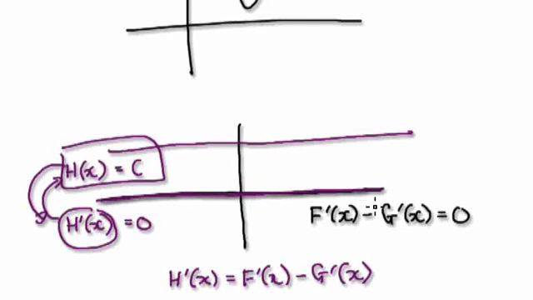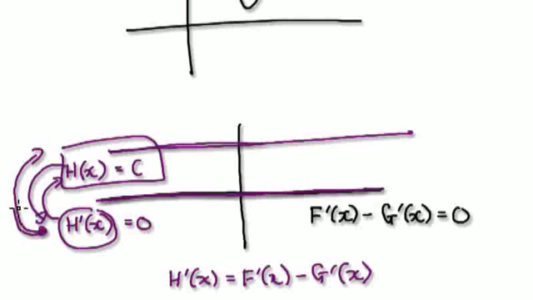Now, if this here is exactly the same as this thing here, then currently h prime of x equals 0, which means h of x equals a constant.